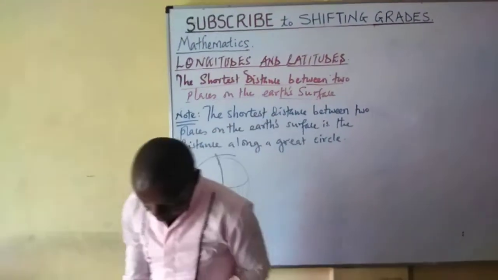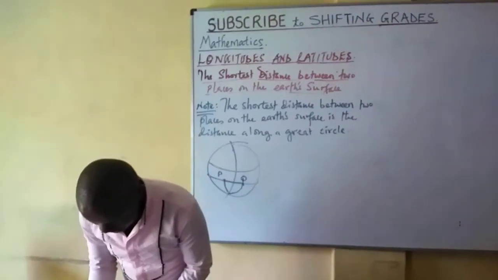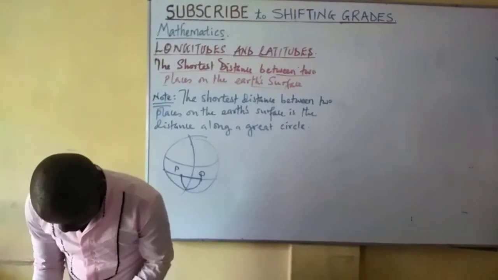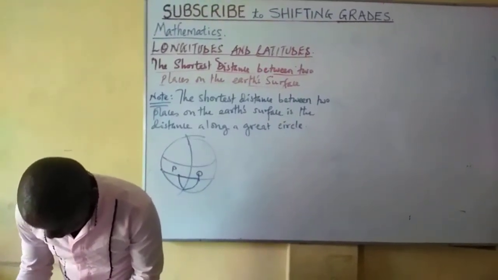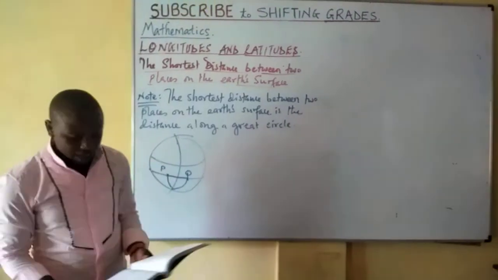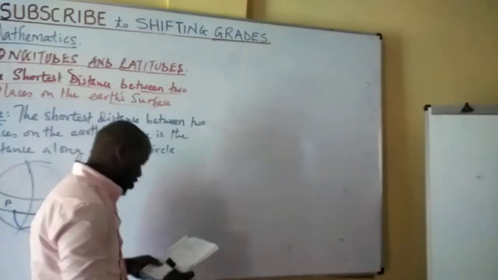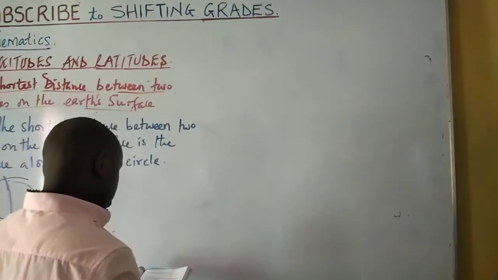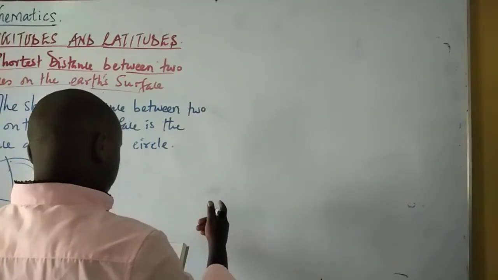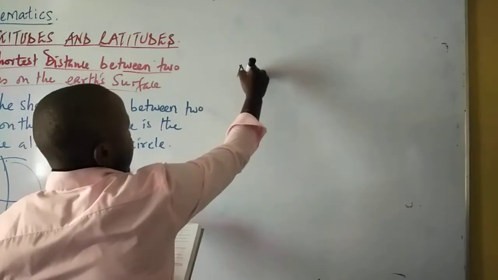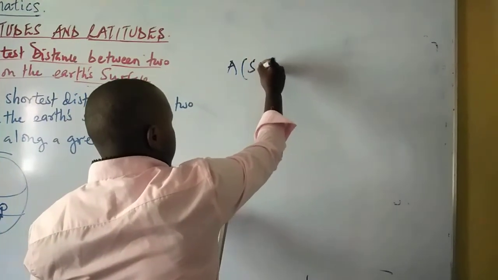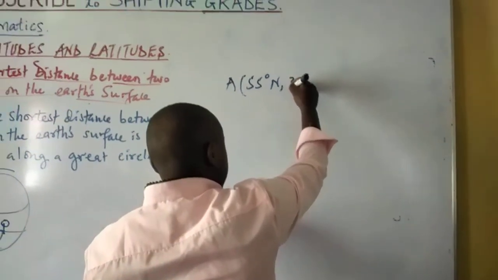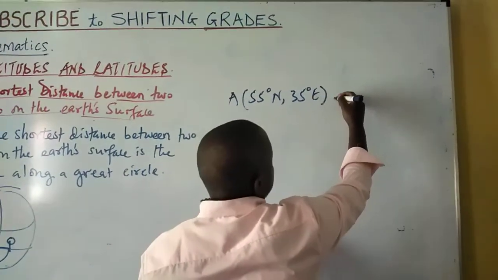You are told, find the shortest distance between A and B. You are given the two places as A is 55 north, 35 west.